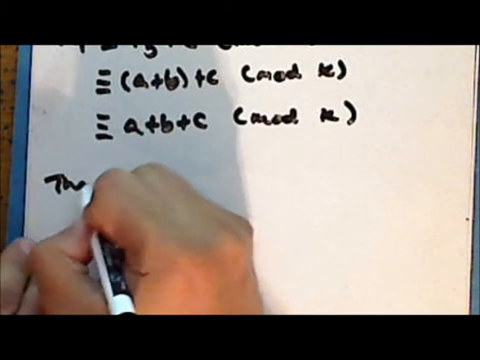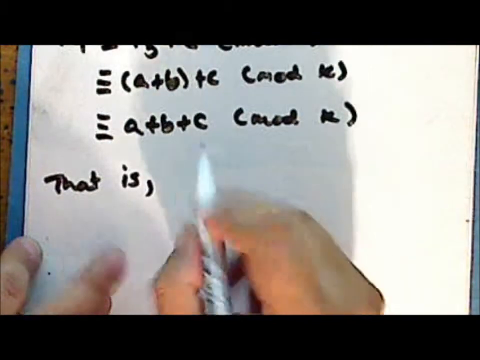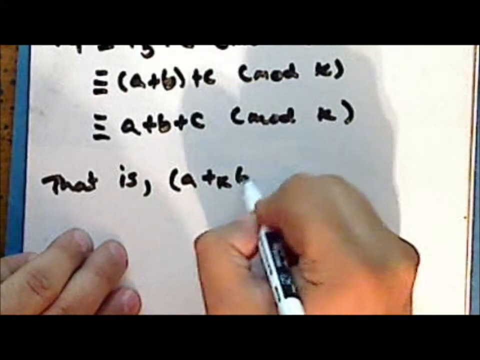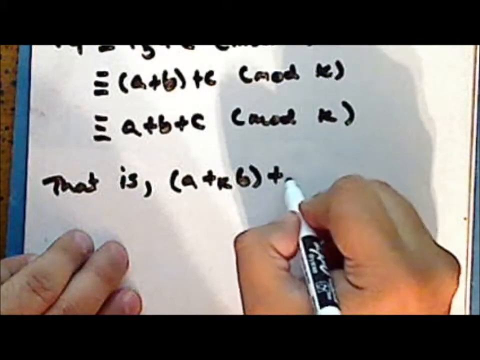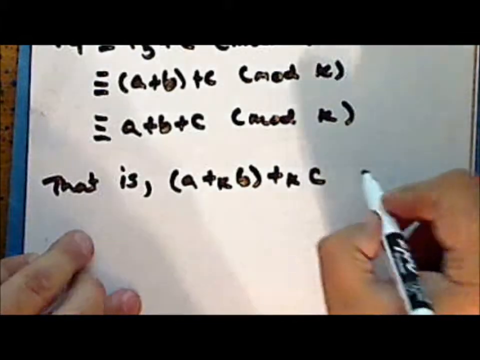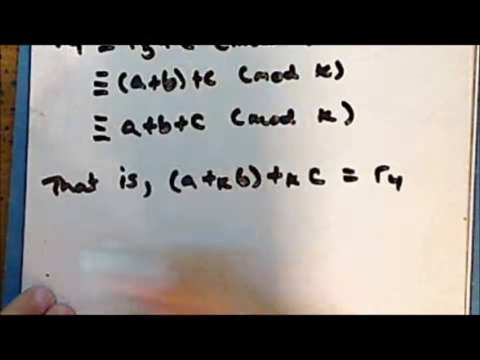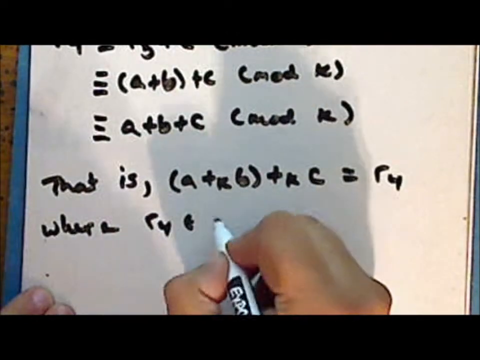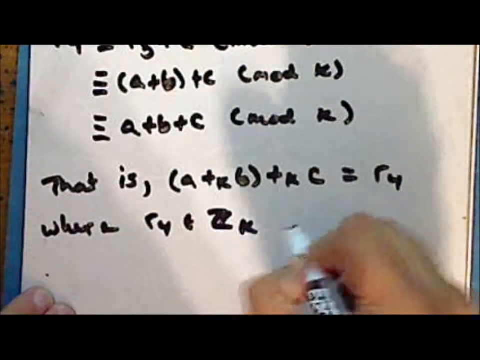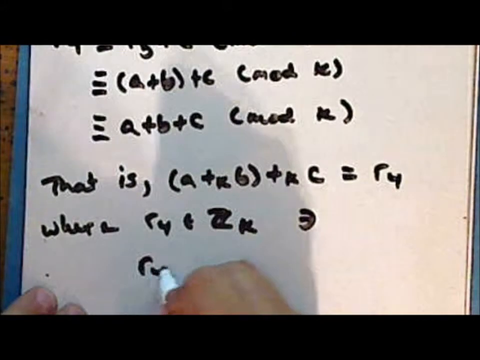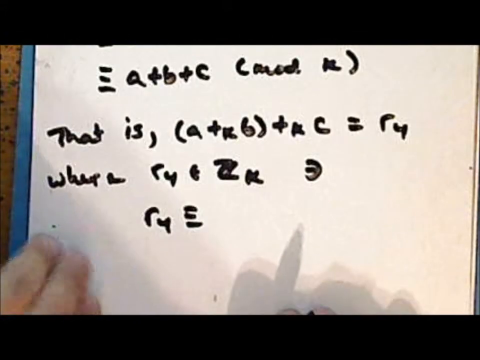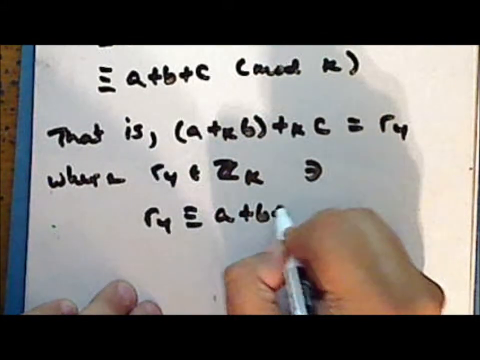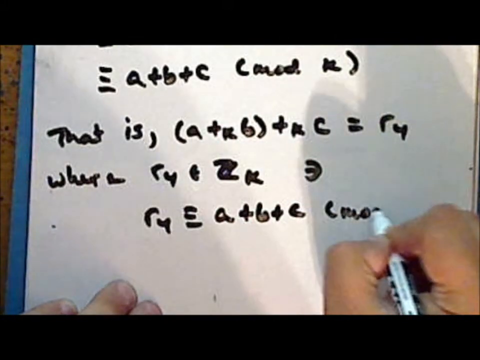That is, the quantity a plus b modulo k plus c modulo k is equal to r sub 4, where r sub 4 is an element in the set of integers modulo k, such that r sub 4 is congruent to the sum a plus b plus c modulo k.